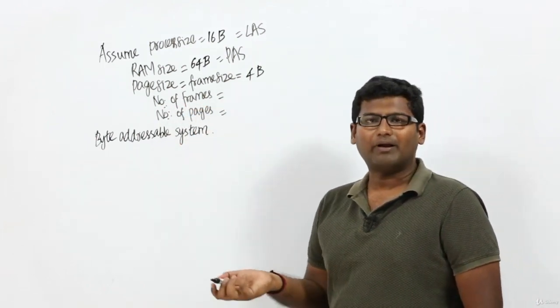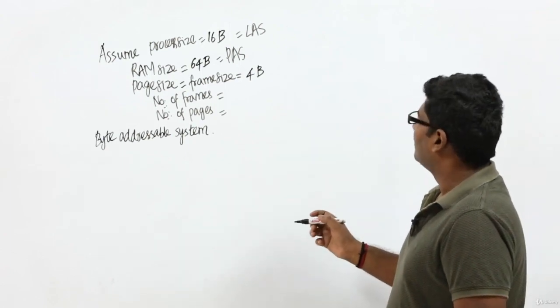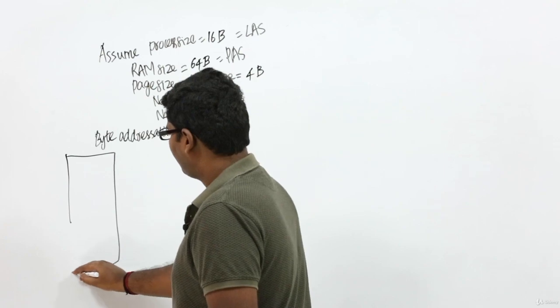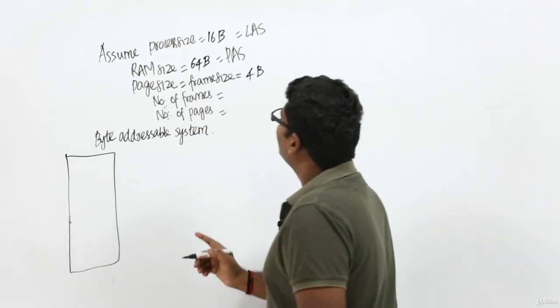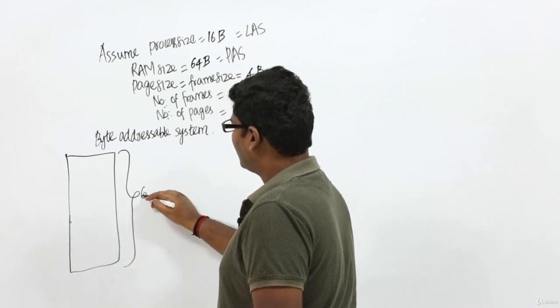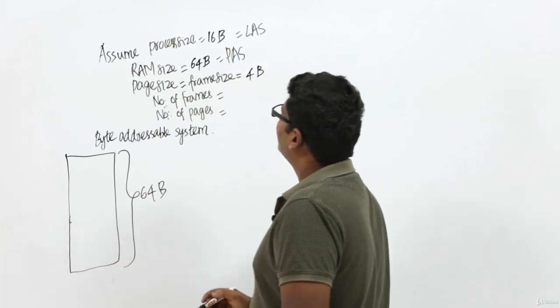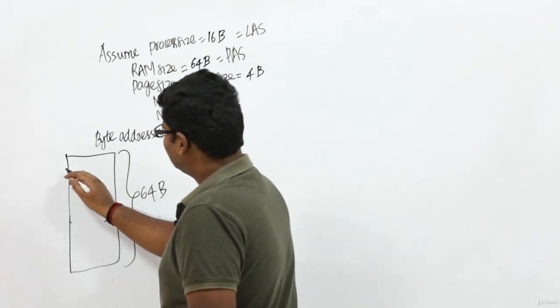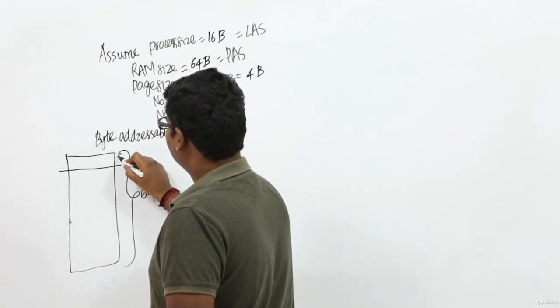What is meant by number of frames? We have RAM, and they have given that the size of RAM is 64 bytes, which means the total size is 64 bytes. Also, the size of a single frame is 4 bytes.